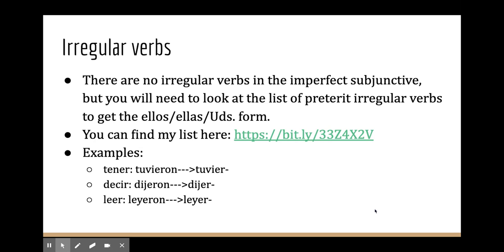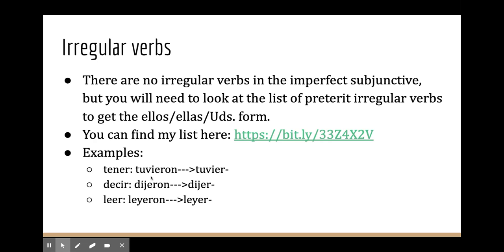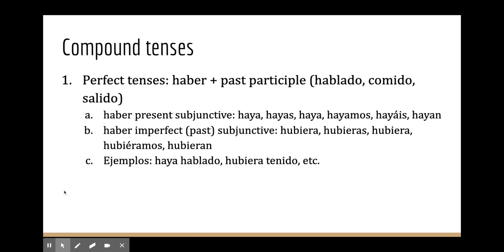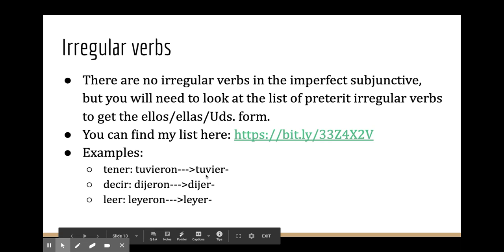But again, ton of irregular verbs in the preterite, so you can find my list here. If you go to this link, this is my handout that I've given you of verbs in the preterite. So for example, tener, irregular. Tuvieron is the ellos, ellas, ustedes form. You drop the on, your stem, go back. Para atrás, there we go. Then your stem is going to be tuvier.